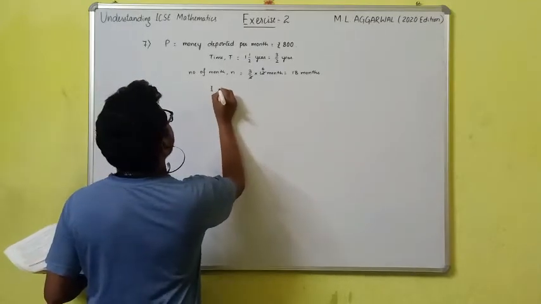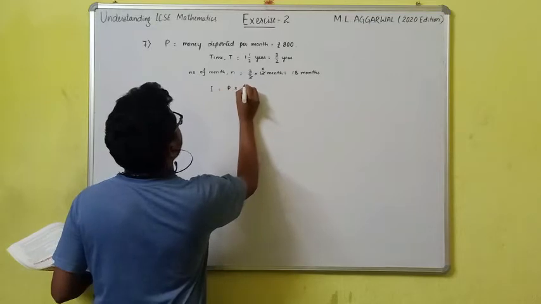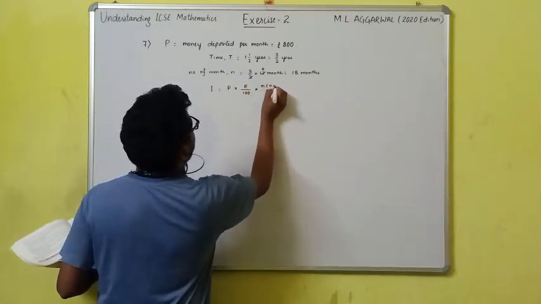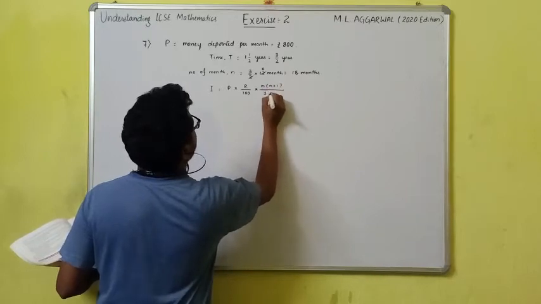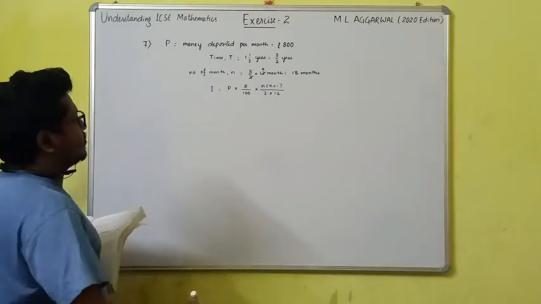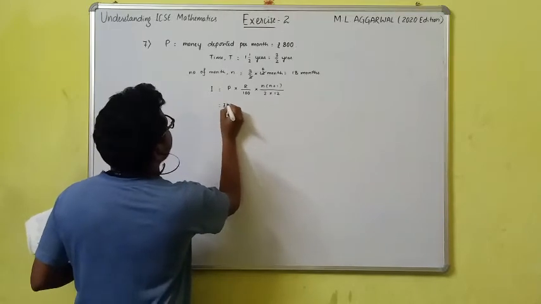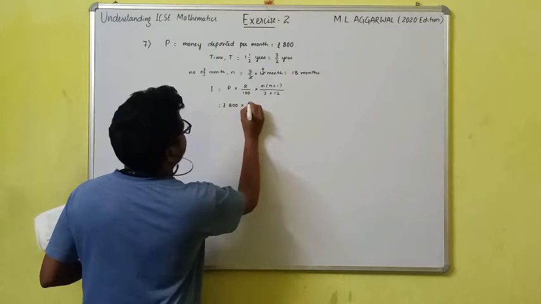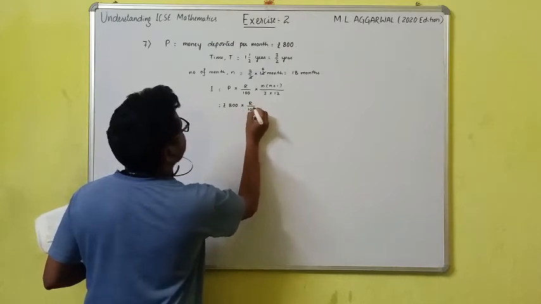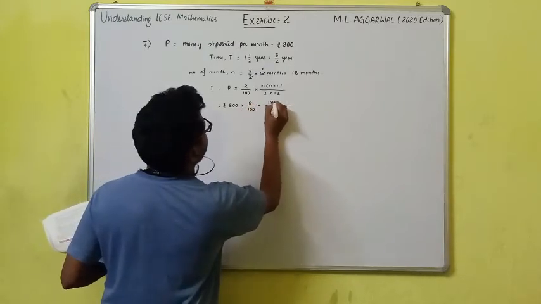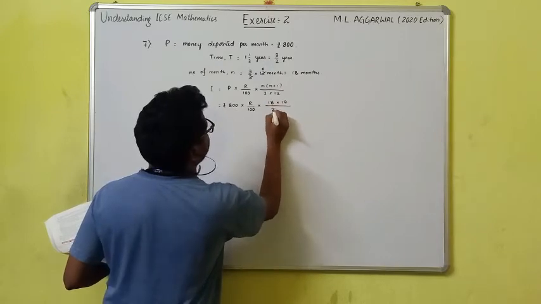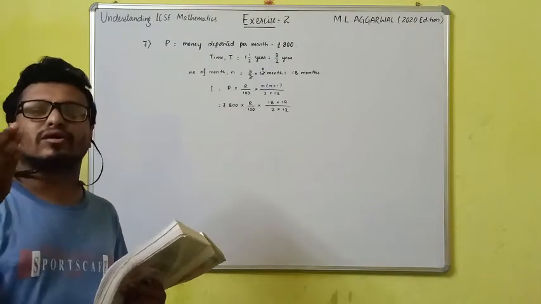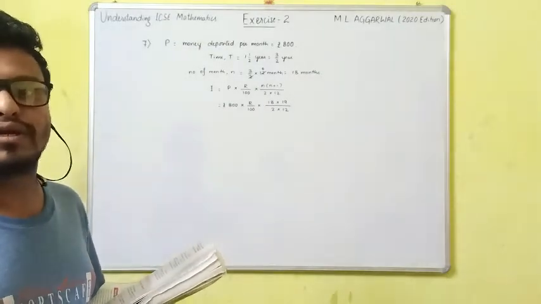So interest I is equal to, the formula we know, P into R by 100 into n bracket n plus 1 by 2 into 12. In this way you have to write. So now it will be equal to 800 into R, the percentage we don't know, so R by 100 into 18 into 19. How have I written 19? n plus 1, n is equal to 18, so 18 plus 1 is equal to 19.